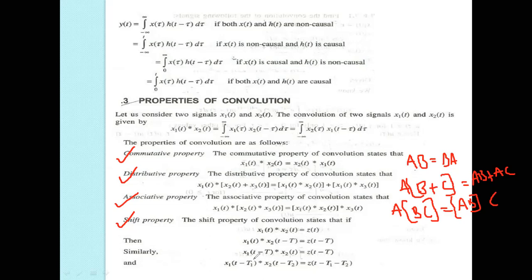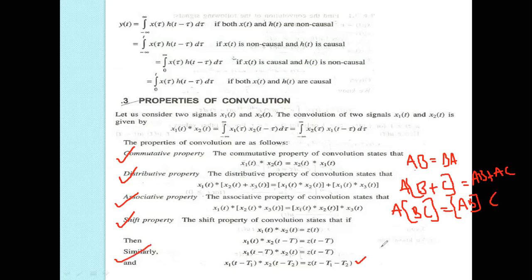Any one signal delayed, the output is also delayed here, but if both signals are delayed, x1 of t minus t1 convolved with x2 of t minus t2, the output is delayed by the sum of the two delays, t1 plus t2. You have to add t1 plus t2, and that number of samples is shifted on the output side, z of t minus t1 minus t2.